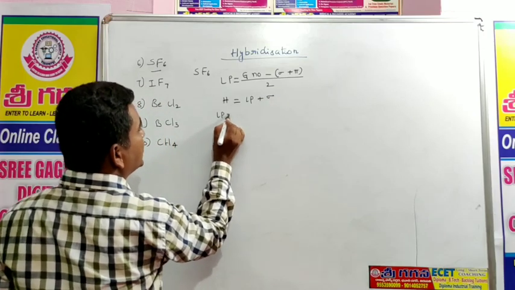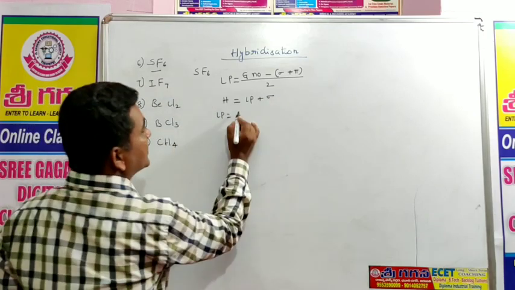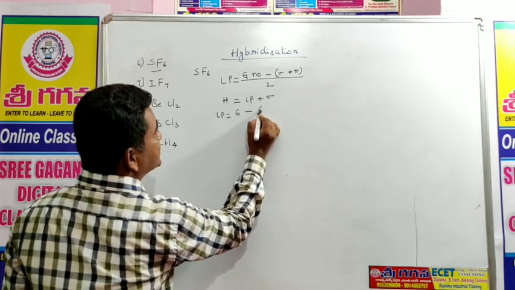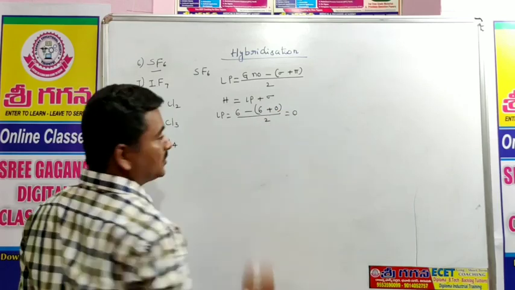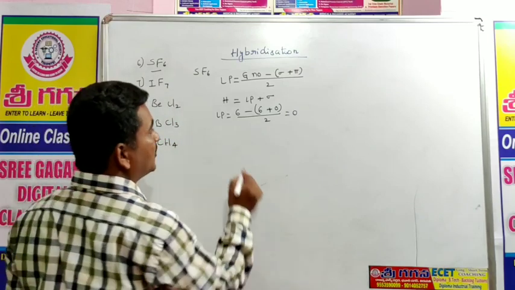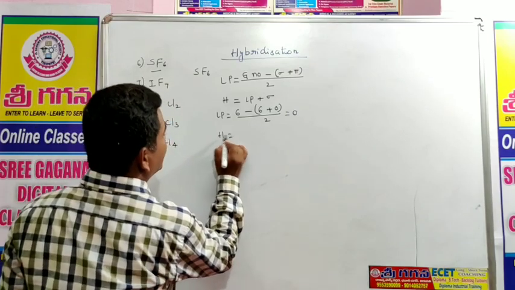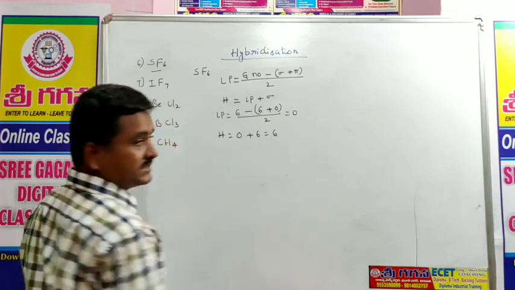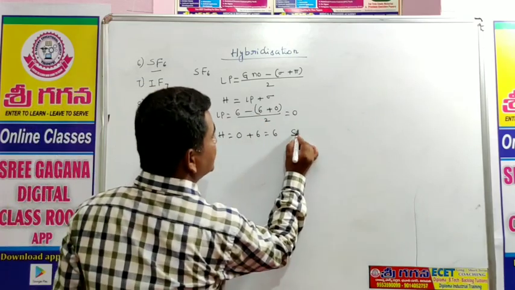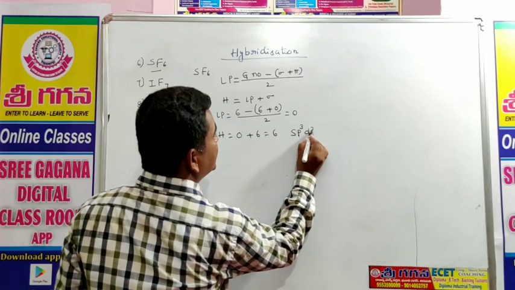Let us calculate lone pairs in SF6. Group number of sulfur is 6, sigma bonds 6, there are no pi bonds, so there is not even one lone pair of electrons. To find the hybridization, lone pairs plus sigma bonds, 6 sigma bonds, it will be 6. If you get 6, the hybridization will be sp3d2.